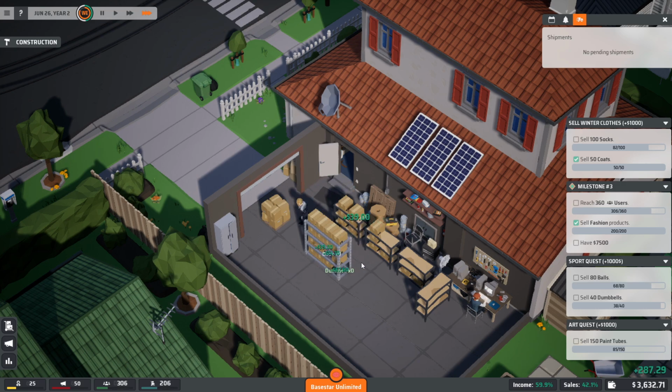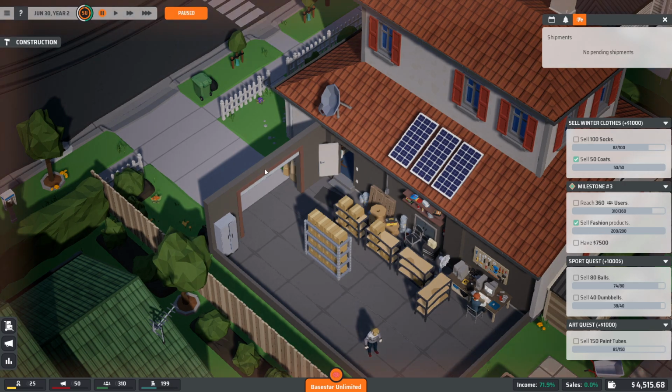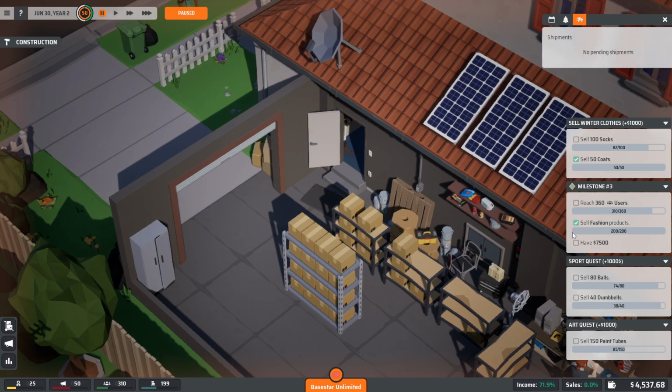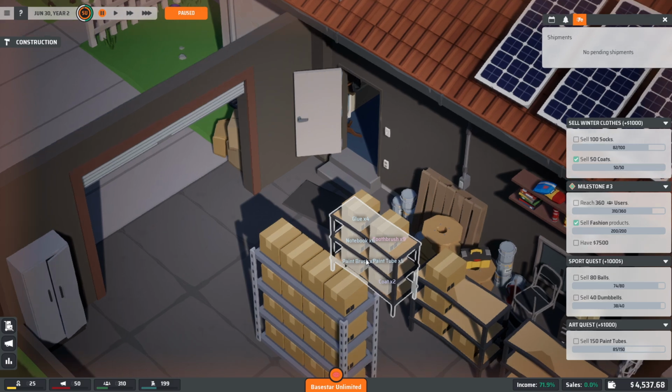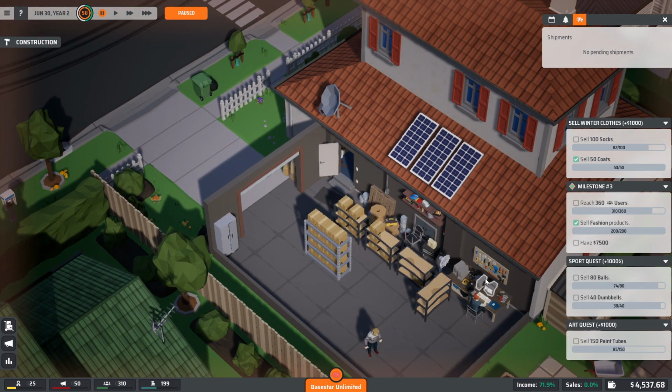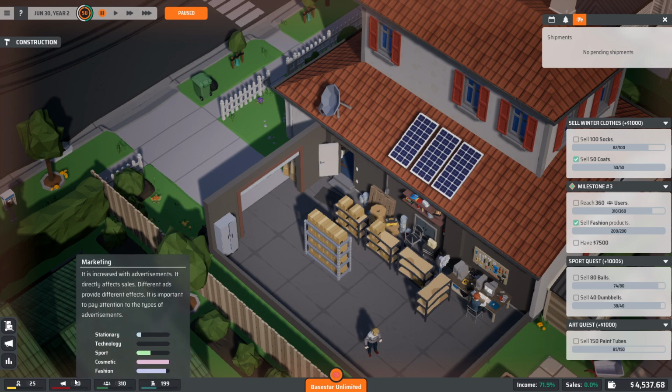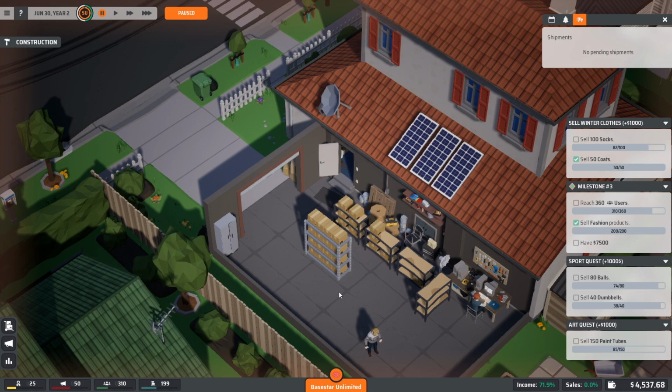Well, at this point, we've gotten 25 minutes into it here, and I can kind of see how this goes. Maybe early on, you just order stuff, make sure you have enough advertising to keep yourself at least around 50%, and then just let the sales happen.